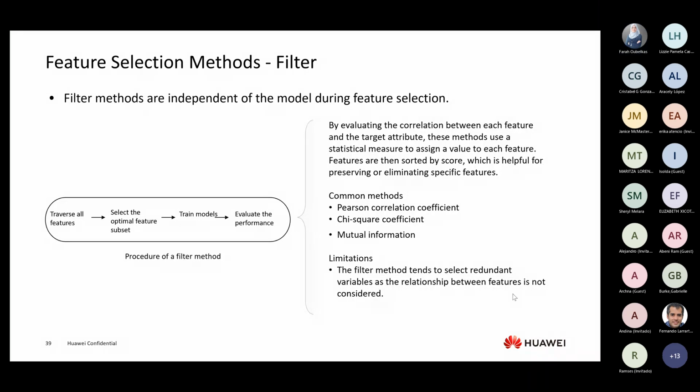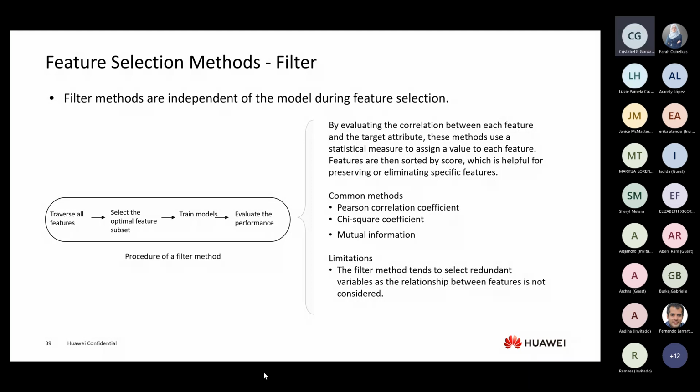Okay, perfect. So this is how it filters the features. It goes to see the correlation matrix, and then it drops the variables that have a very low correlation with the target.